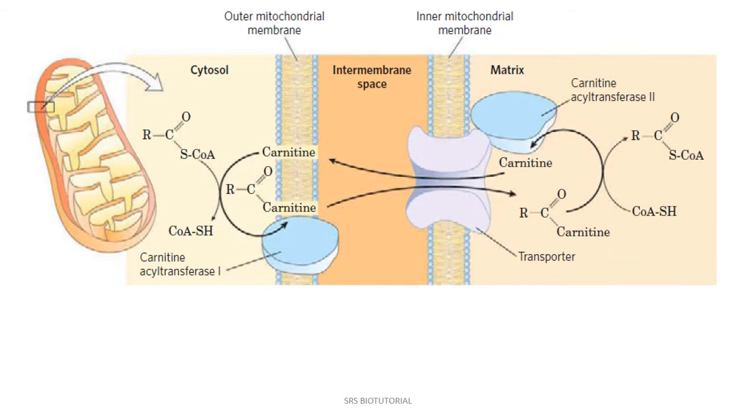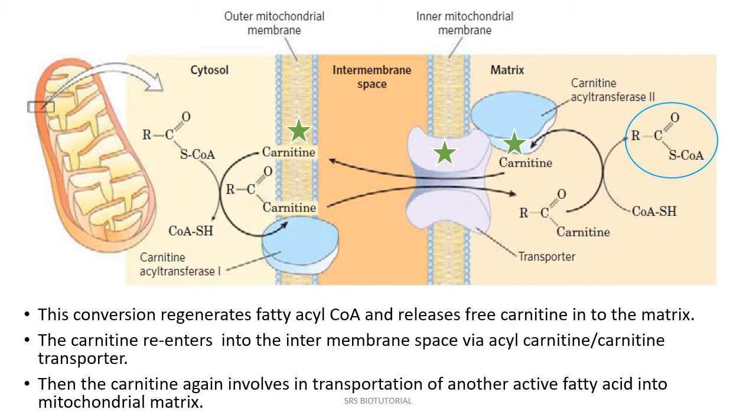This conversion regenerates fatty acyl coenzyme A and releases free carnitine into the matrix. The carnitine re-enters the intermembrane space via the acyl carnitine transporter. Then the carnitine is again involved in transportation of another activated fatty acid into the mitochondrial matrix.